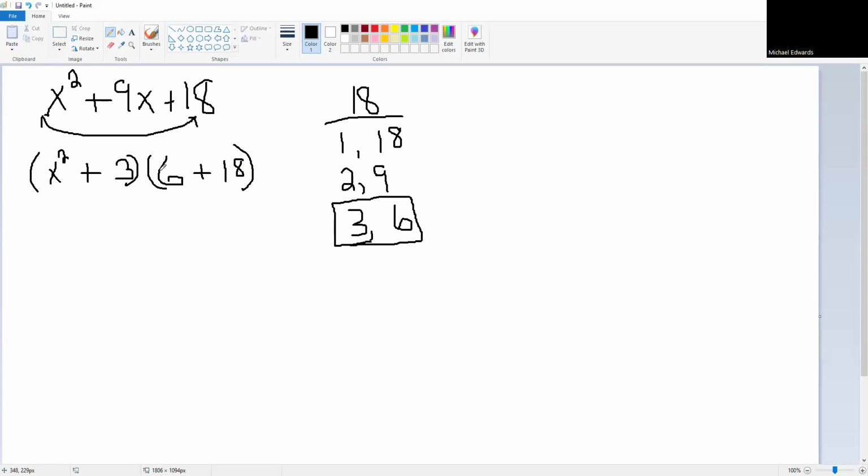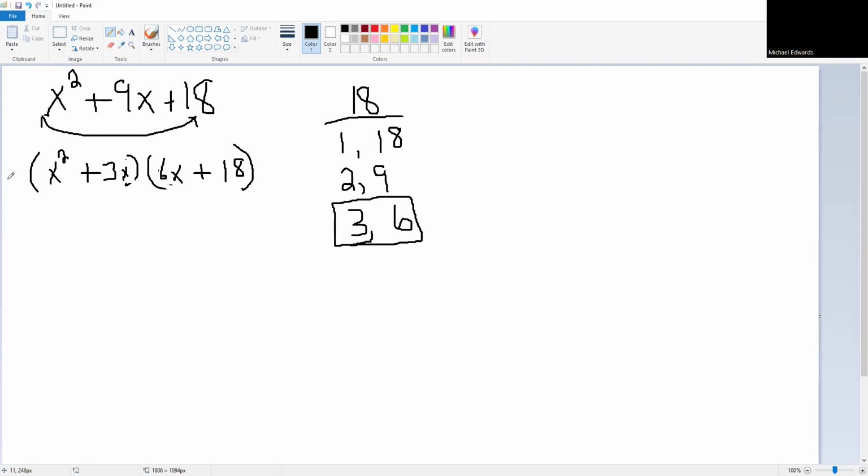Now, factor out our like terms. Oh, you know what I didn't do? I did not add the x to either one of these. 3x and 6x.